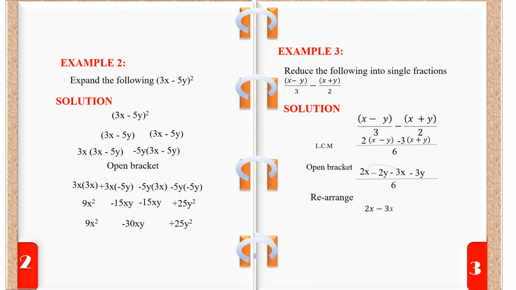Then minus 2y and then minus 3y will also come together. Then you divide by 6. So 2x minus 3x will give us minus x, and then minus 2y minus 3y will give us minus 5y divided by 6. So we can now rewrite in this form, that is minus into the bracket x plus 5y all over 6.